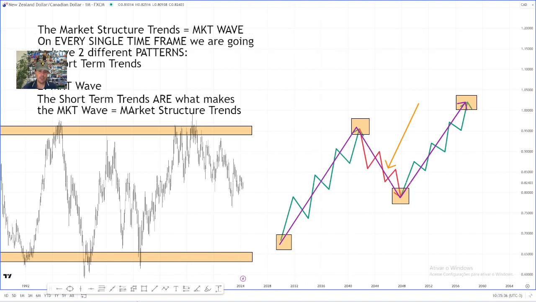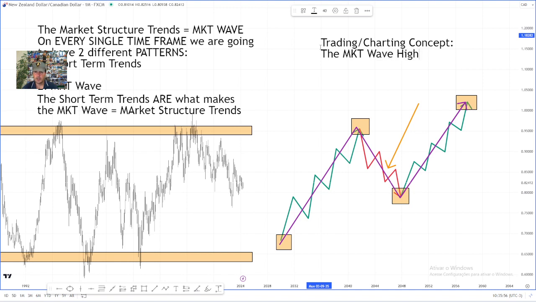And in between, now that you're thinking, I'm going to write another trading slash charting concept. All right, the market wave highs and lows are, we've learned this yesterday with the trends, learning that not every high and low is relevant.